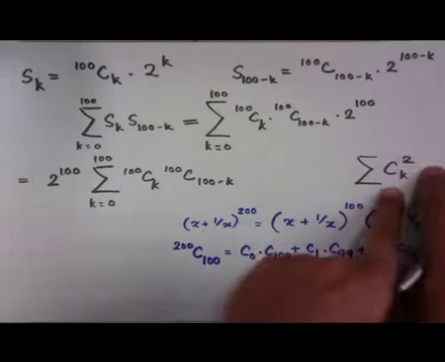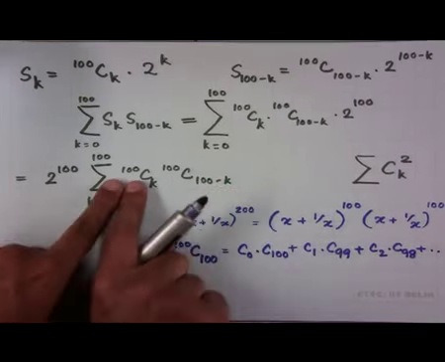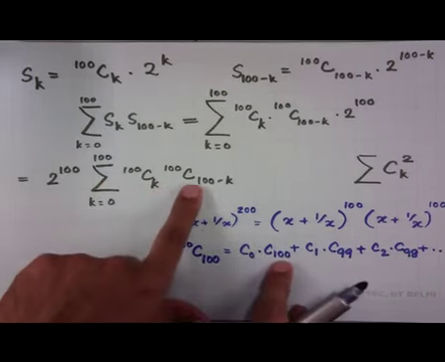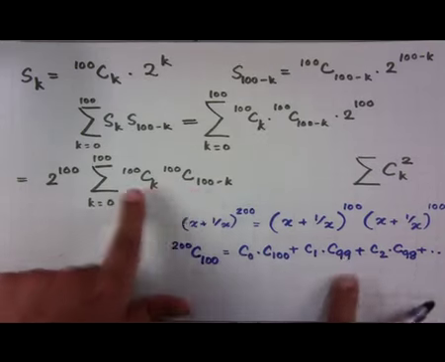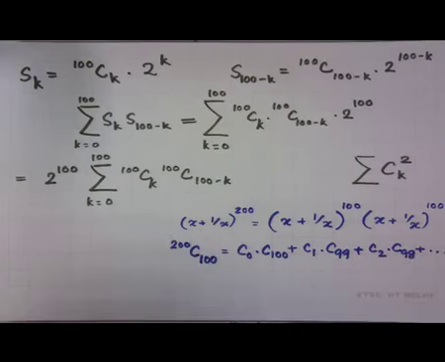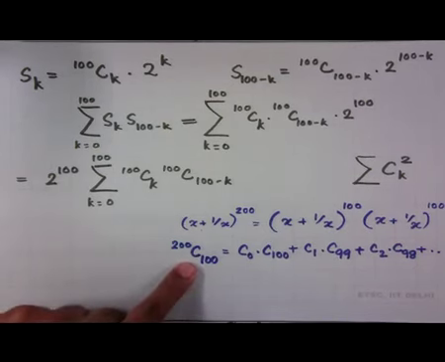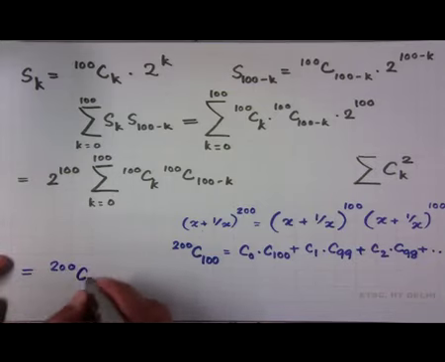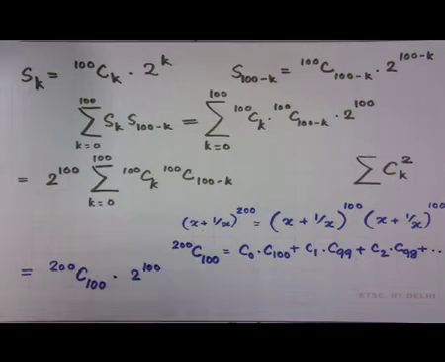So, this is the same as the sigma k equal to 0 to 100 of 100 C k times 100 C 100 minus k. So, this sigma is nothing but 200 choose 100. So, that is your final answer.